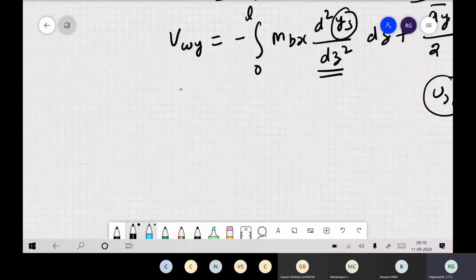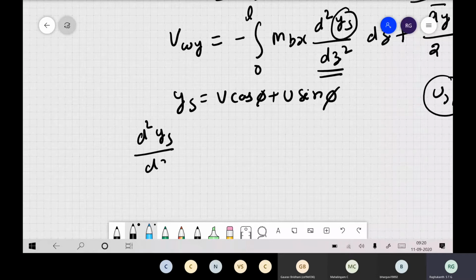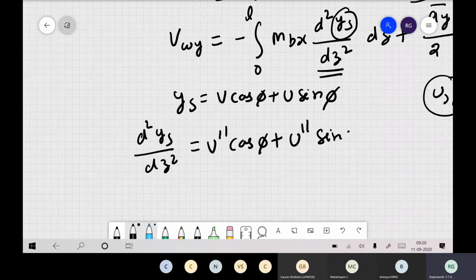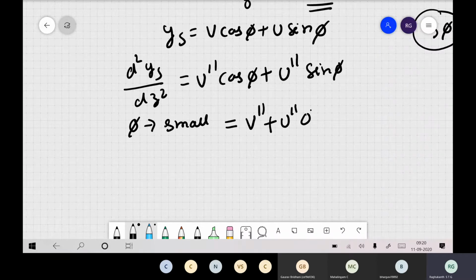So your ys you can write as v cos phi plus u sine phi, kind of a thing. So d square ys by dz square, you can write as v double dash cos phi plus u double dash sine phi. And if phi is small, one can show that cos phi will be equal to 1 and sine phi will be equal to phi itself. So this you can substitute in these expressions.